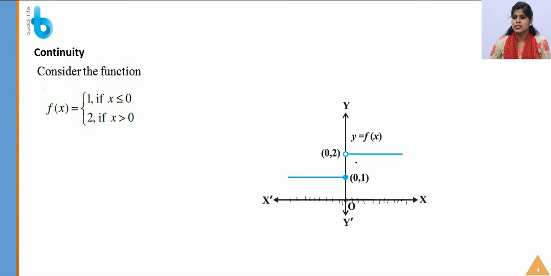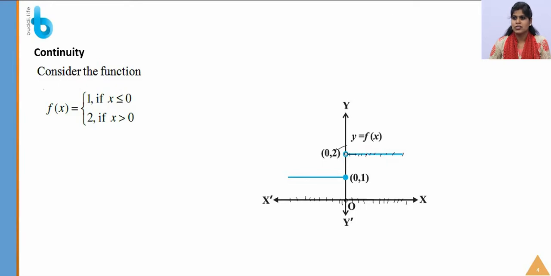On a number line we have infinite real numbers. Except the point at 0, all the other values of x greater than 0 have y equal to 2.